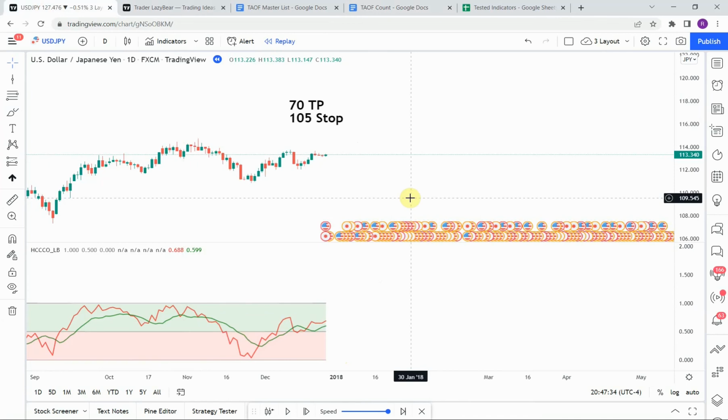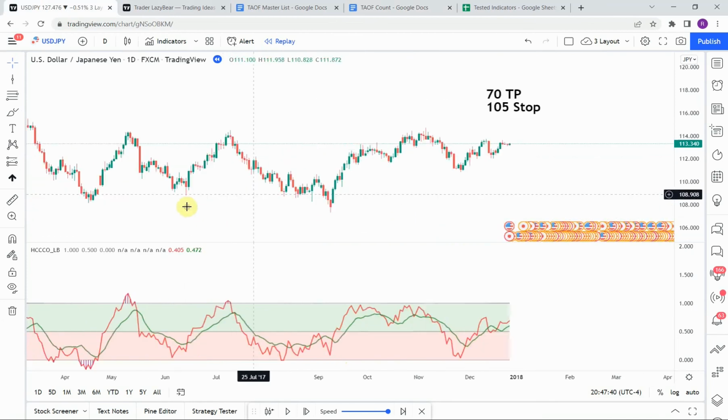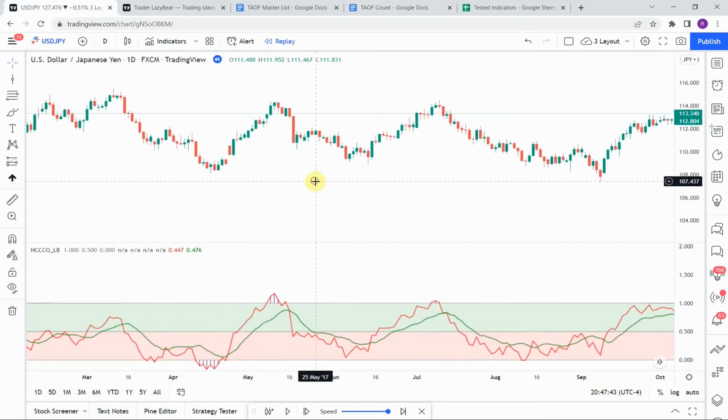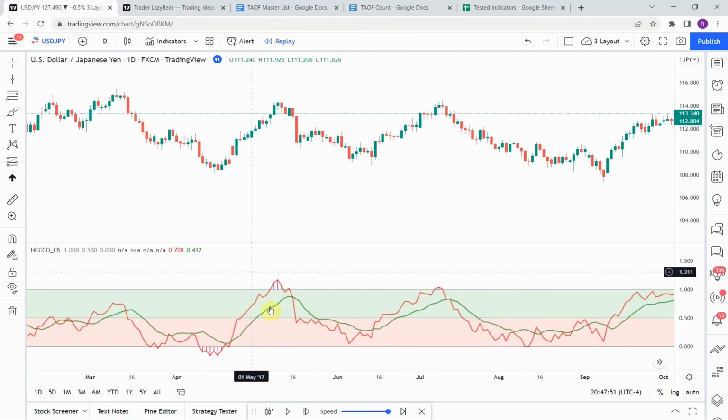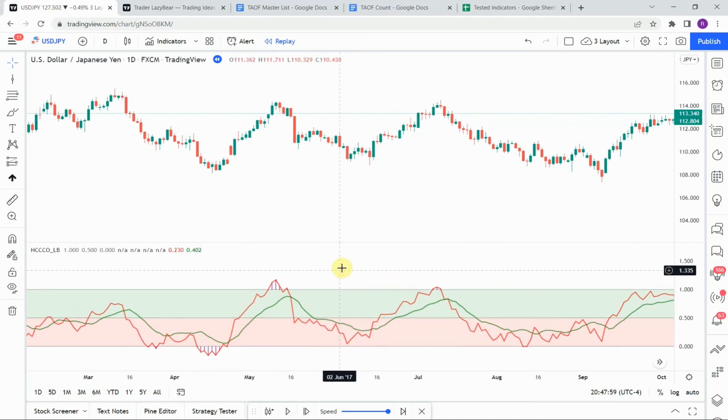Alright, so today's indicator is the cycle channel oscillator. We tested this one in the last video, and in that video what we did was look for the red oscillating line to get into an overbought or oversold type area. That area would be above the green zone or below the red zone, kind of similar to an RSI type situation.